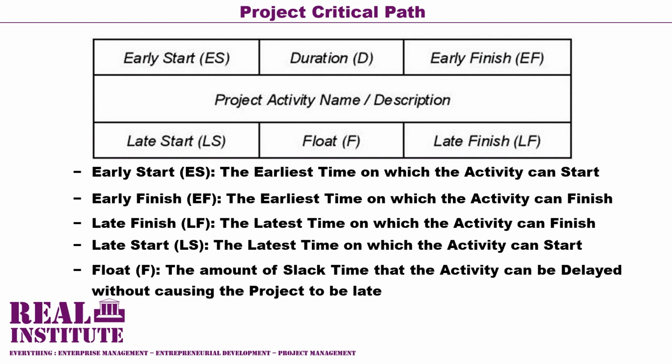Before delving into determining the early start, early finish, late start, late finish and float, that is, before discussing the forward pass analysis and the backward pass analysis, let us consider a real-life or a practical project as an example.